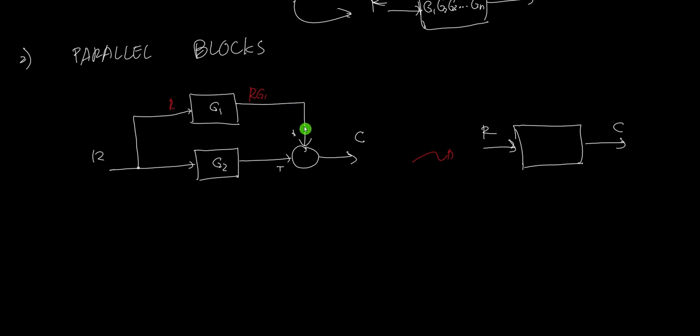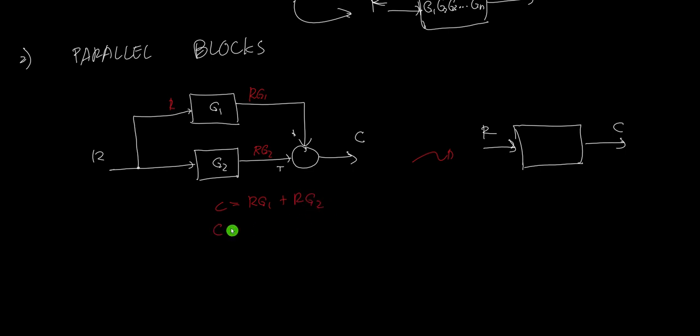So this will be the input somewhere in the summing point. Then for G2, the input is still R, so the output here will be R times G2. Then if I solve for C, because this is plus and plus, C will be equal to the sum of the two signals, RG1 plus RG2.